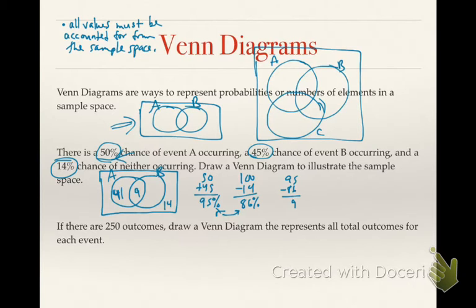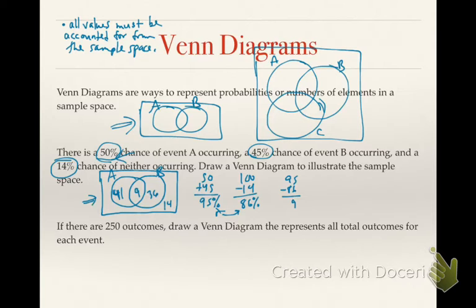And in circle B, we must have a remaining 36%, because 36 and 9 make 45. Now it's a good idea to just add everything up to make sure everything adds up to 100%, and 41 plus 9 plus 36 plus 14 adds up to 100%, so we're good. Okay, so there's our Venn diagram illustrating the sample space.